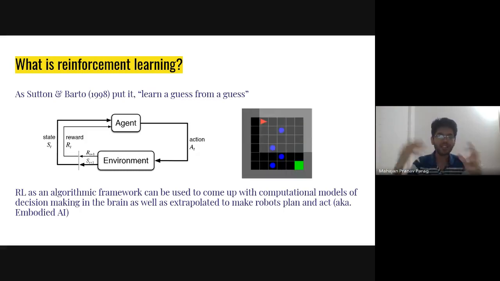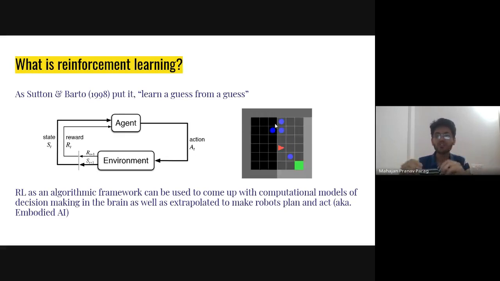That's what a reductionist would call temporal difference learning, which is sort of the foundation of modern day reinforcement learning, as put by Sutton and Barto, who are like the forefathers of the field.